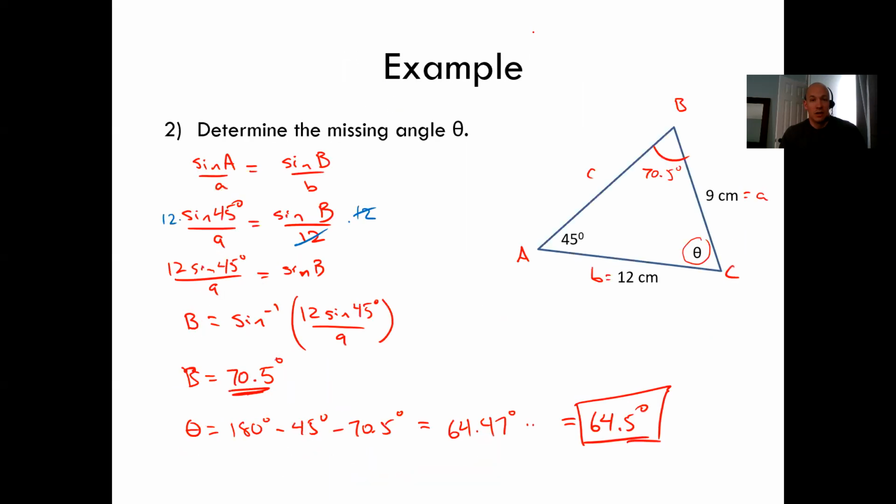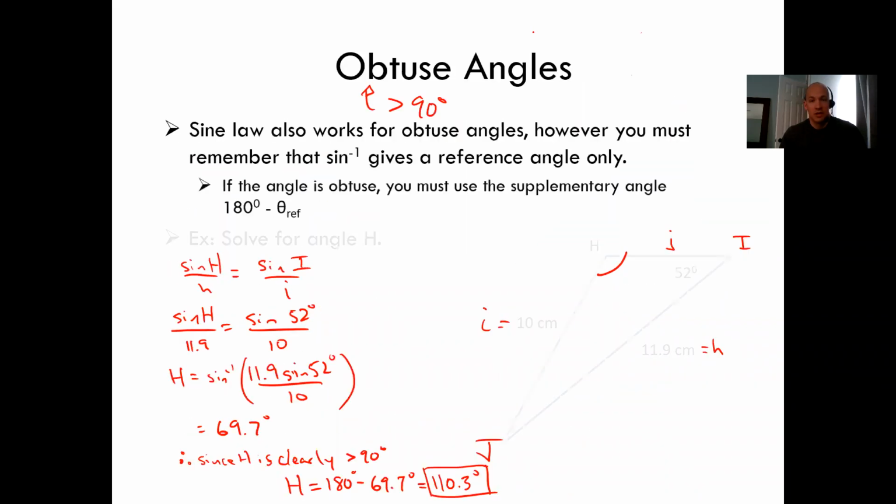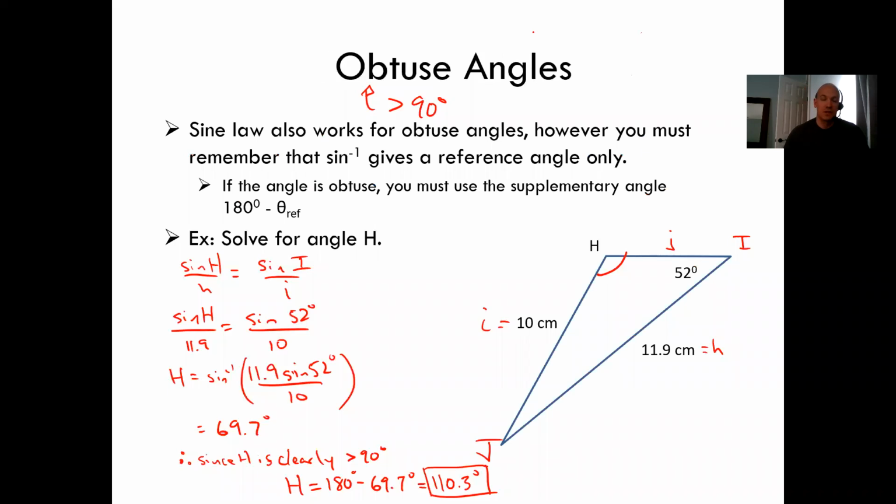So what we're going to look at here is the ambiguous case. So we've looked at the sine law. We worked out some examples. In this last example here, we worked out what angle H was, and I had last mentioned that if we didn't have the diagram of the triangle, could we have possibly known what this triangle might have looked like?